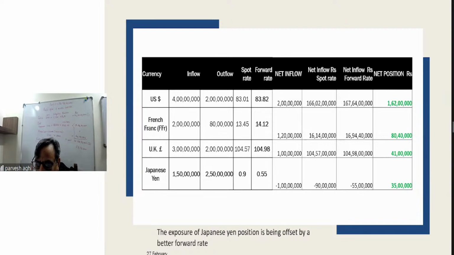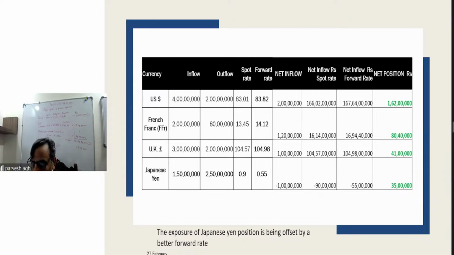Now, the inflow in US terms was 4 crores, outflow was 2 crores. The spot rate is given, the forward rate is given. The additional column is net inflow, which we have added: inflow minus outflow, 2 crores. So net inflow at the spot rate and net inflow at the forward rate.